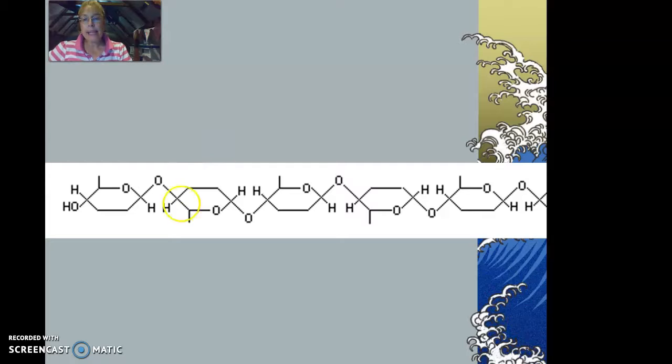What happens is for one pair, like we have over here, the glycosidic bond forms at the top. And for the other pair, you can see here how this chain is upside down. The glycosidic bond forms at the bottom.